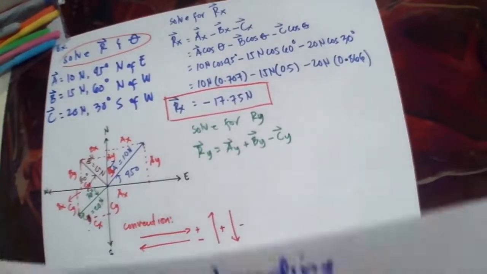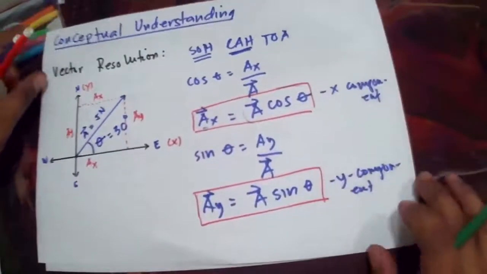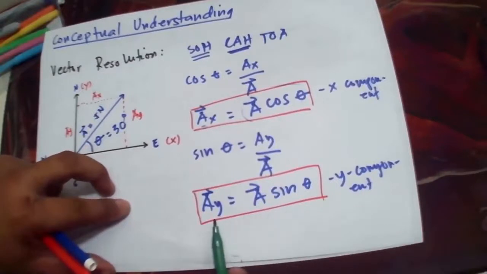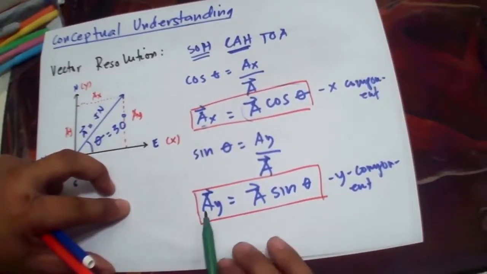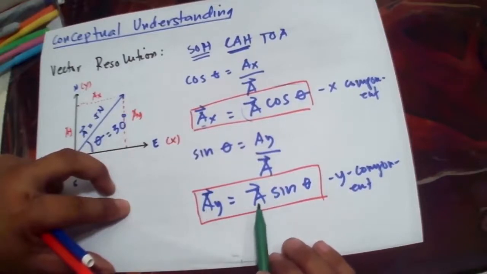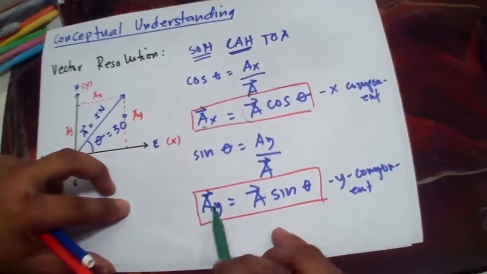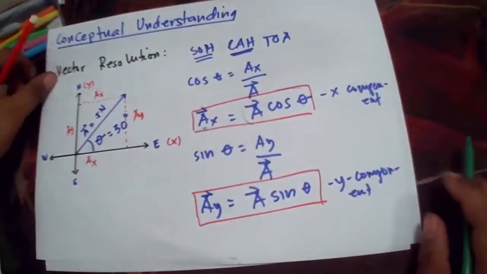Expanding this equation, again, I will go back to our original vector resolution here so that we can check our formula. For y component, we're going to use the sine function here, this one. So vector a sub y is equal to vector a sine theta, or you can just simply replace the letter here depending on the vector that you are solving.